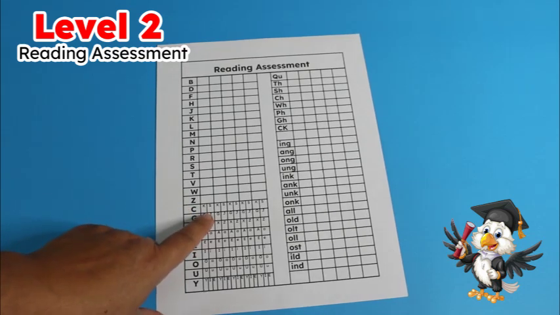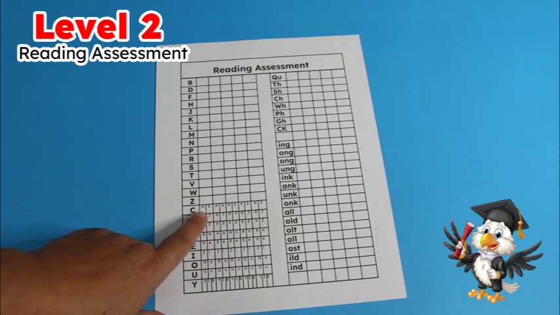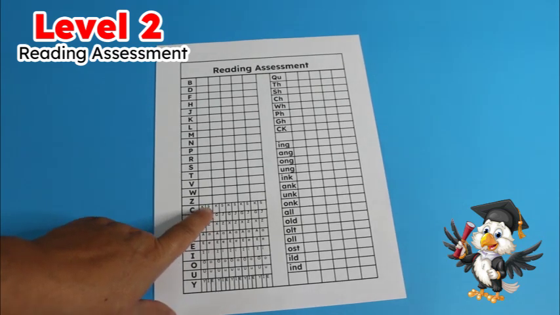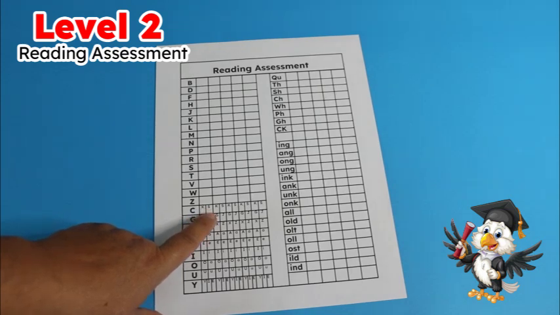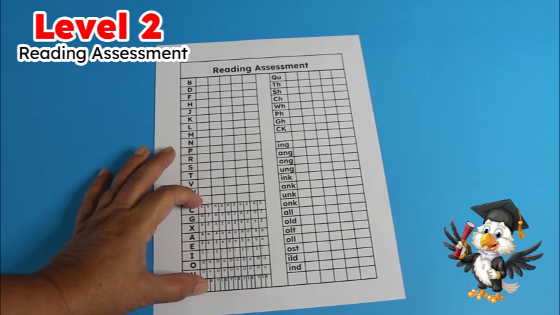Inside of the box it shows, like C for example, has the K and the S sound. So if the child gets the K sound, you put a check under the K, and if they get the S sound, you put a check in the S box. And with a G, if they get the G sound, you put a check in the G box. If they get the J sound, you put a check in the J box. And this is all for Monday.